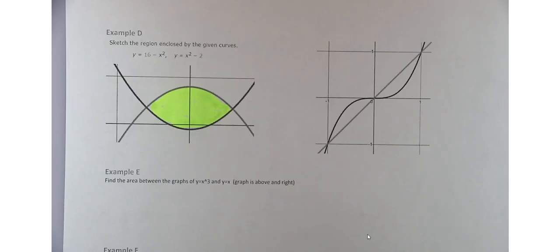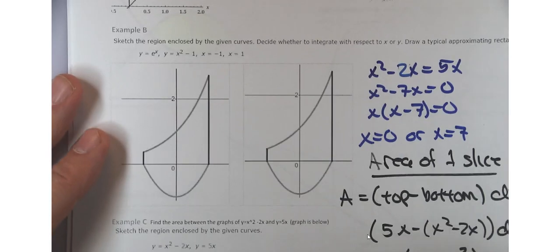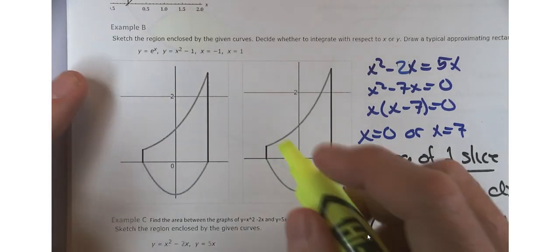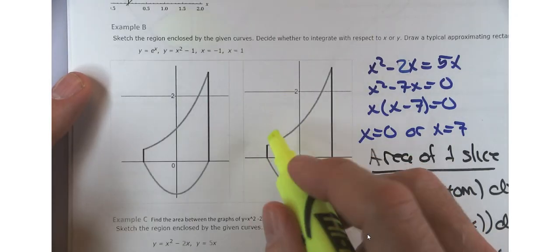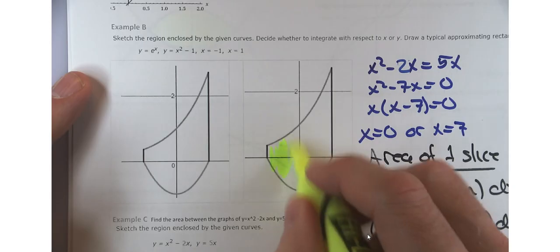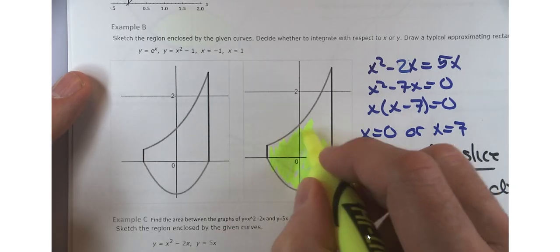If we look back at example B for just a moment, let's see what would happen if I tried to take a dy slice. So what do you think a dy slice is going to look like? Yeah, it's going to be horizontal.